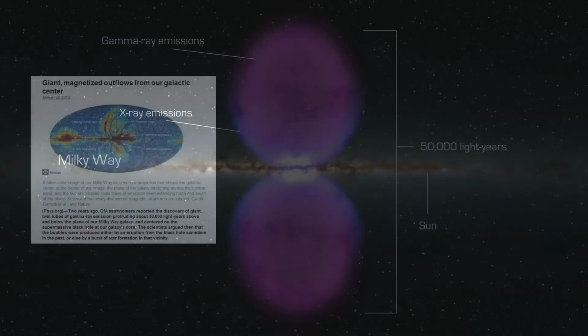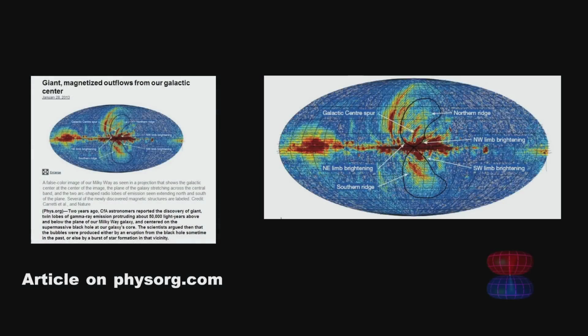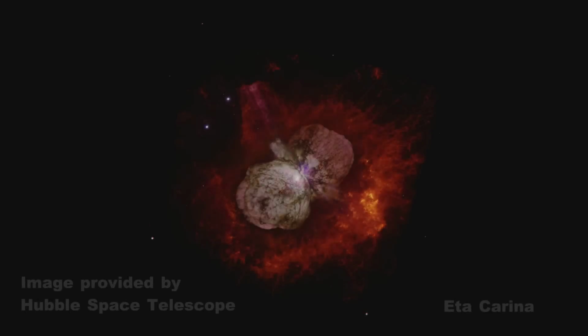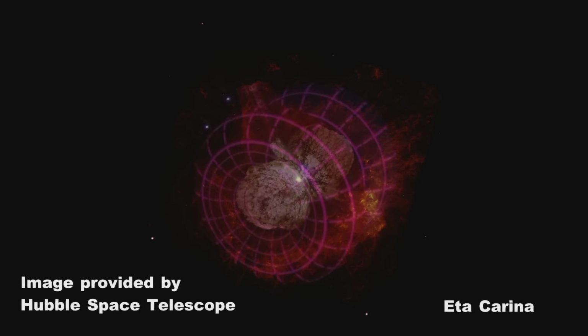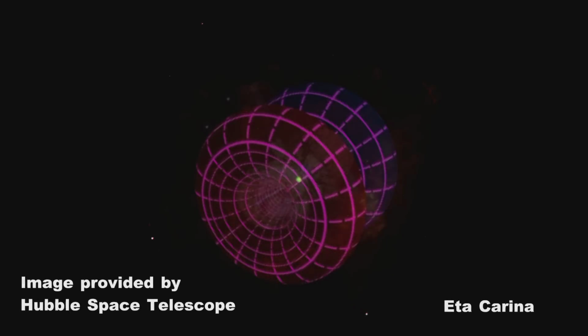Then we have this new study that I just received this morning, which also confirms the theories presented in the primer fields. The magnetic nature of our universe is undeniable. The formation of Eta Carina is no longer the mystery that it once was.